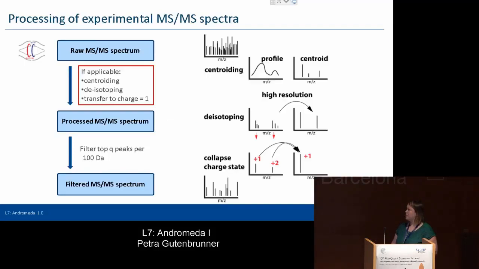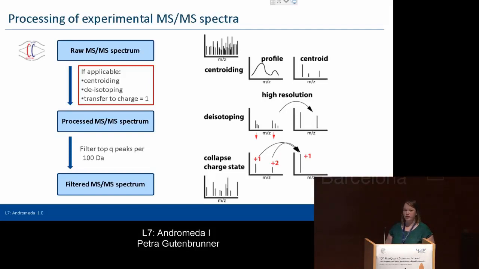First, to reduce complexity, centroiding can be done. Often the spectra come in profile mode, and for further processing, we don't need the 3D information, so we can reduce this and do centroiding. Sometimes the raw files are already in centroid mode, and in that case, nothing needs to be done.